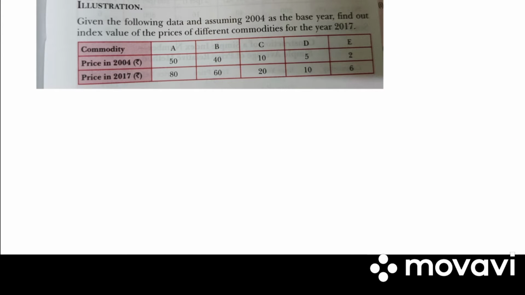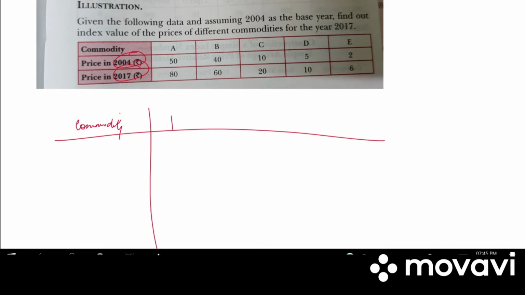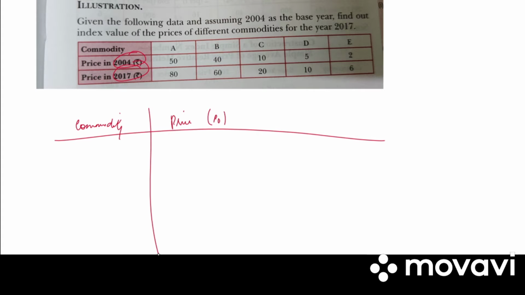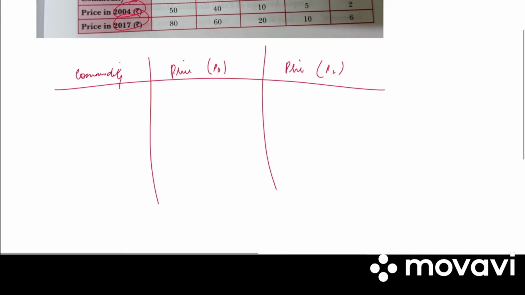So let us take down an illustration. Given the following data and assuming 2004 as the base year, find out the index value of the price of different commodities. They have given us commodity, 2004 is base year, 2007 is current year. So commodity, price P0 base year, and then again we have price P1, that is current year.